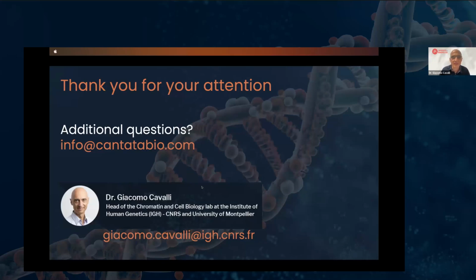Gotcha. Thanks. Here's a question. Are loops anchored by activating Polycomb loops different from repressing Polycomb loops in terms of size, acetylation dependence, or strength? Yeah, so absolutely the marks, yes. But the size, not really.